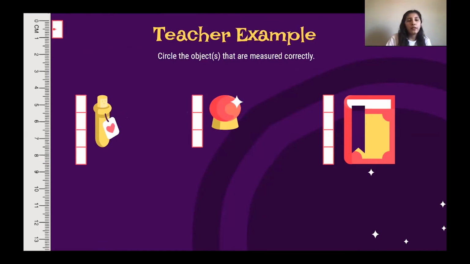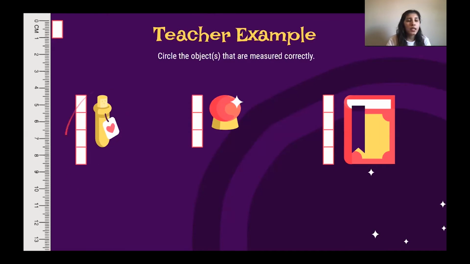So right here, we see our ruler. And right at the 0, this line is right on 0. You're measuring it, and then right there. So this is showing us that it's 1 centimeter cubes, right? So each one is 1 centimeter. So right here, from here is 1, 2, 3, and 4.